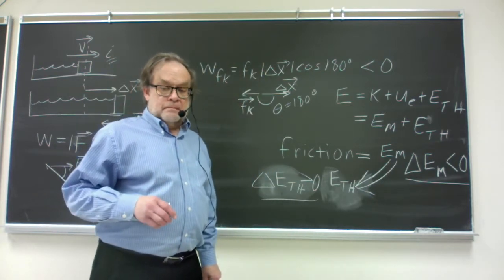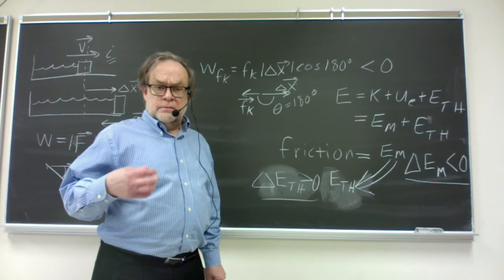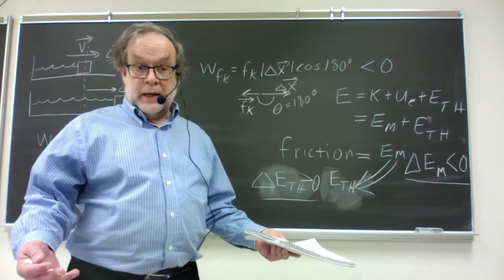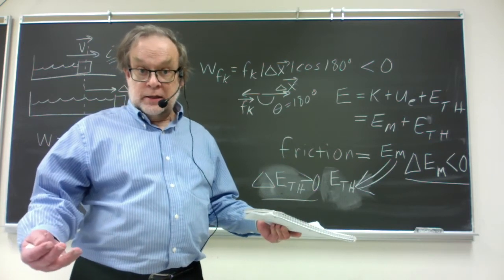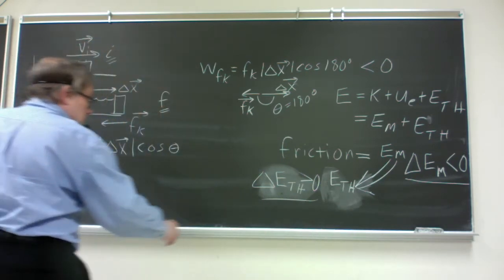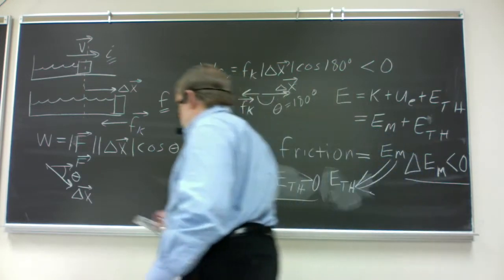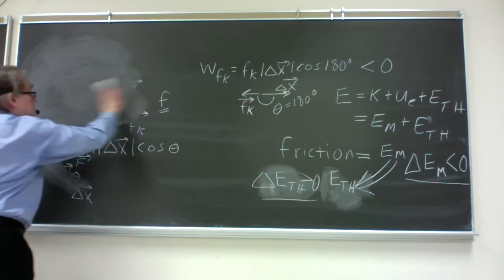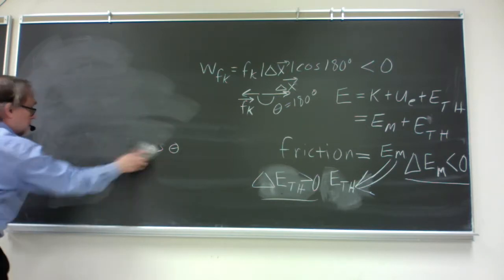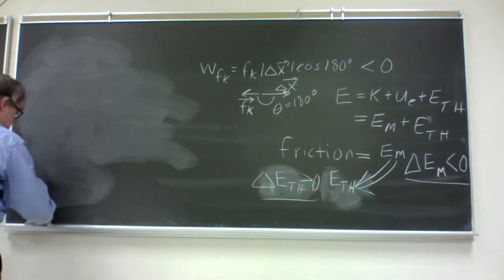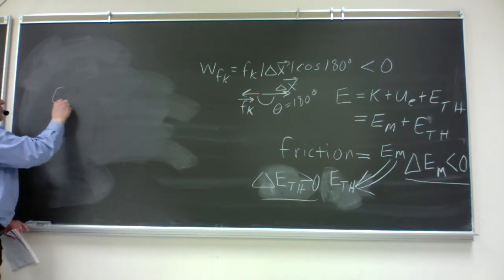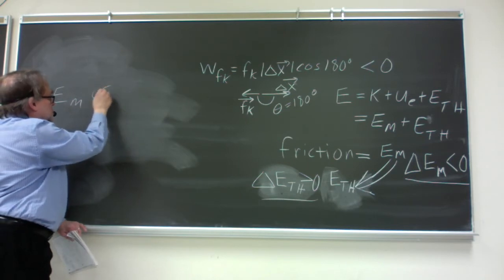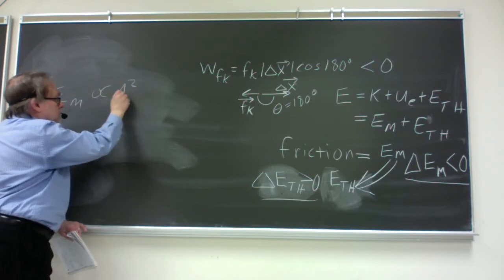Now, mechanical energy decreasing. Well, there's one clear visual manifestation of that in any oscillating system. We've seen before that the mechanical energy of an oscillating system is directly proportional to the square of the amplitude.